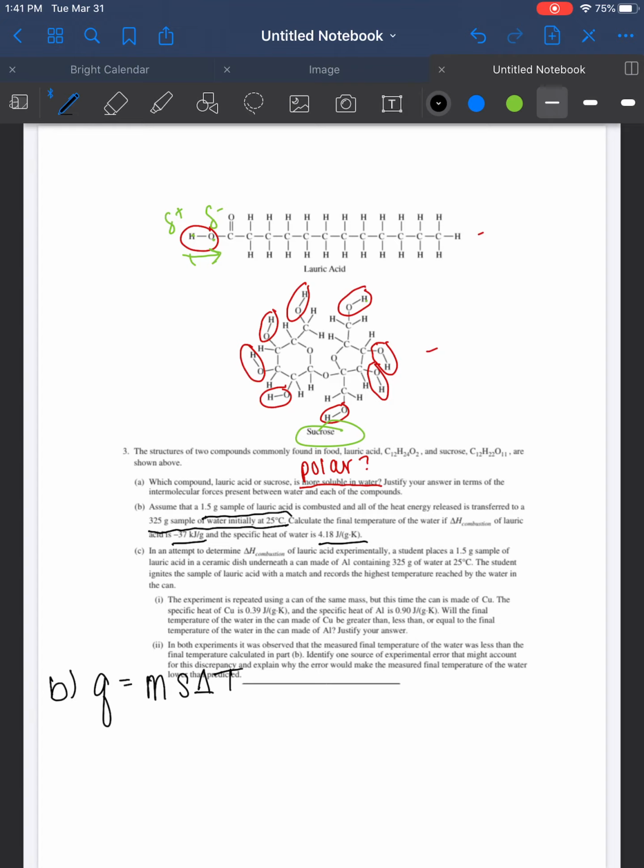We are given all of the necessary information. It's asking to calculate the final temperature of the water, or the change in temperature. So we're going to be solving for our delta T. The Q in this case is the delta H of combustion. So Q is equal to your, let me see.